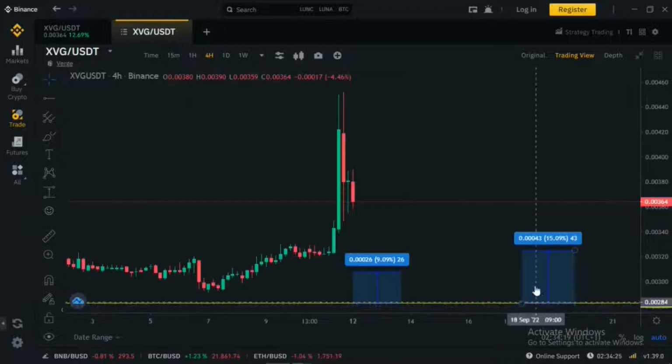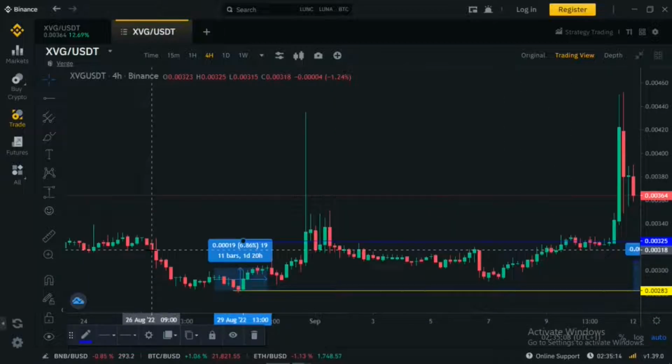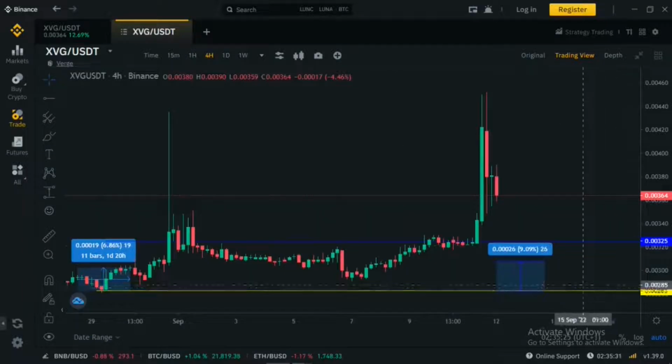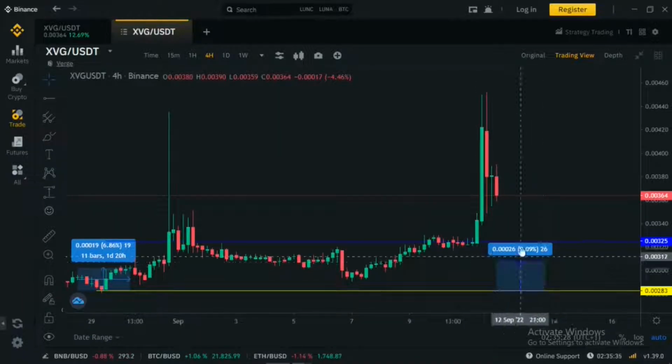So my entry price was constantly at the 15% of the most current bullish trend section. And then I used the blue horizontal line to indicate my entry price, which is 0.00325. And my stop loss price was constantly at the 9% of the most current bullish trend section.